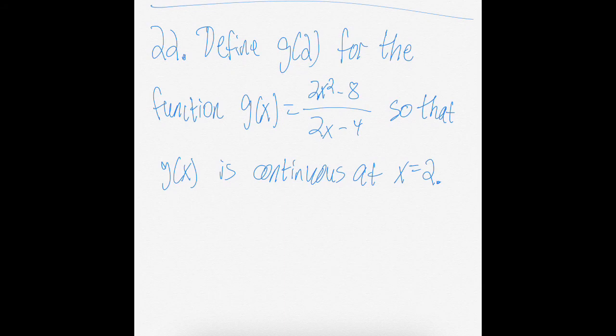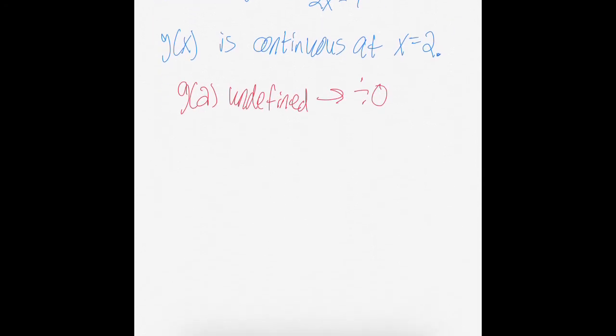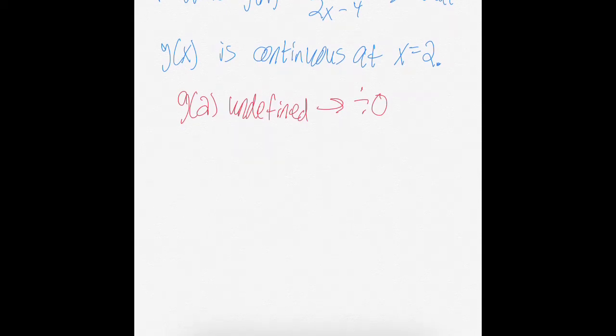So what is this really asking? Well, the first thing that we notice is that g of 2 is undefined, because if I plug in 2, then I see that I'm going to be dividing by 0. So g of 2 doesn't make sense here, which means that if I look at the graph, I don't know exactly what the graph is going to look like here.